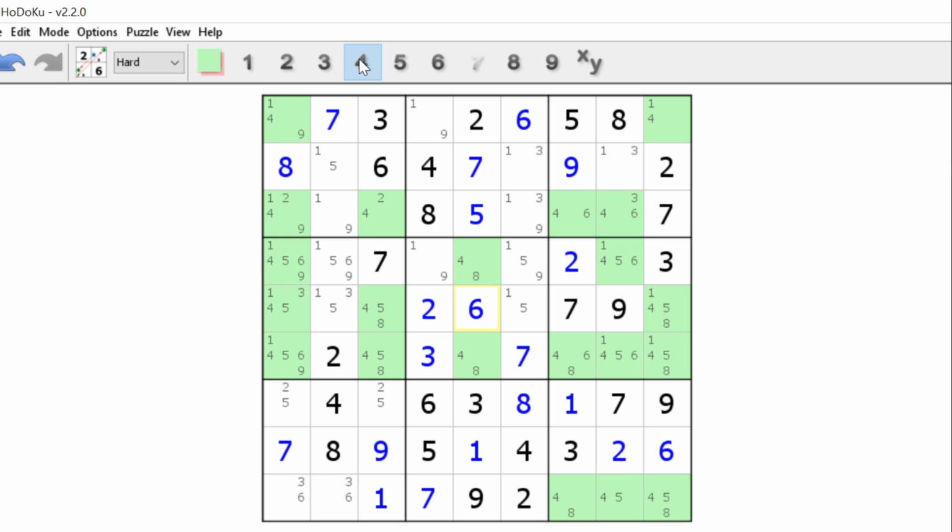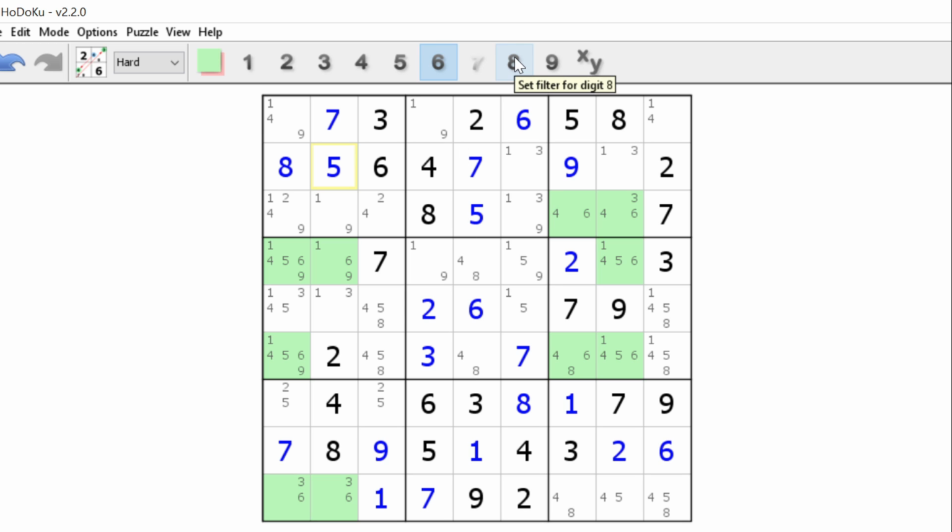All right, 4. We have the 4s across the top. And the eliminations also I can make with the 4s. That is a naked or hidden single 5. And else I can solve with the 5s. Going to the 6s.